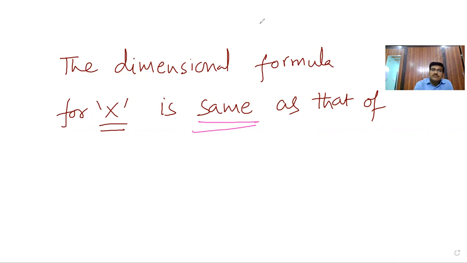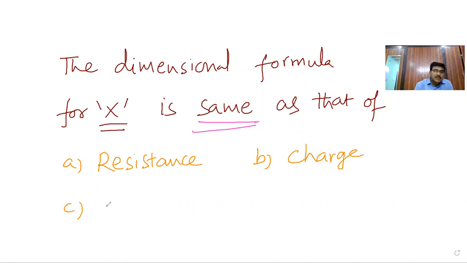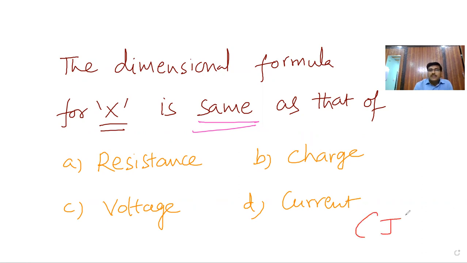He has quoted some options here. A is resistance. B says charge. C says voltage. D is current. This was a previous JEE appeared question. Clear? Now let us solve this question.